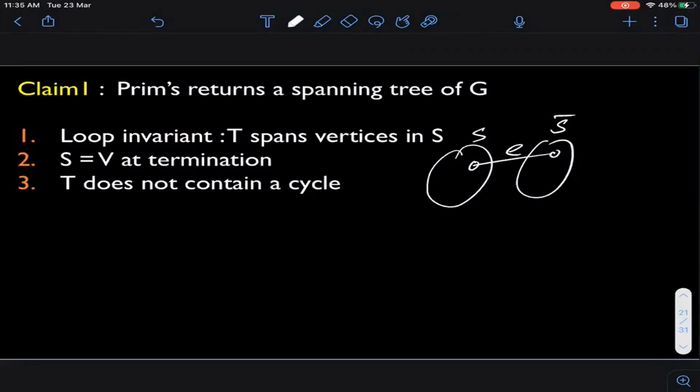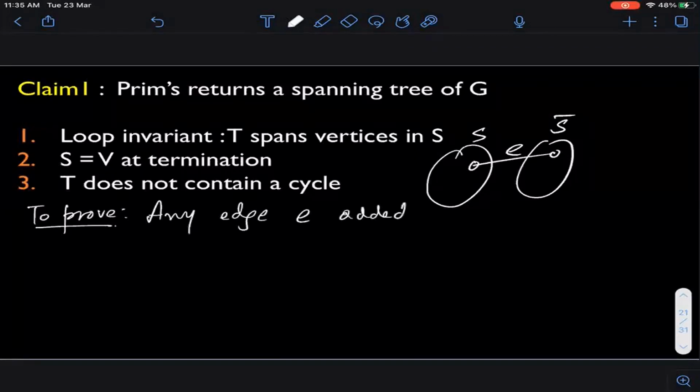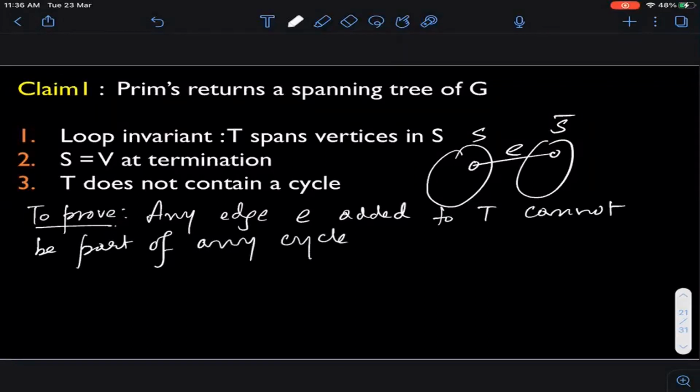Okay, so let's try to prove a relatively modest thing. We want to prove that any edge E added, so I'm looking at a specific edge added to T, cannot be part of any cycle in T. Can we prove this?